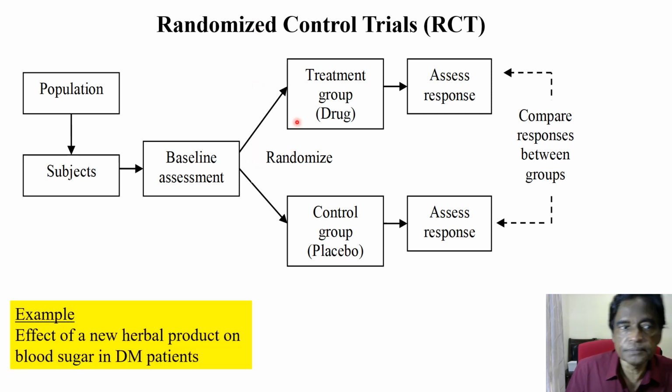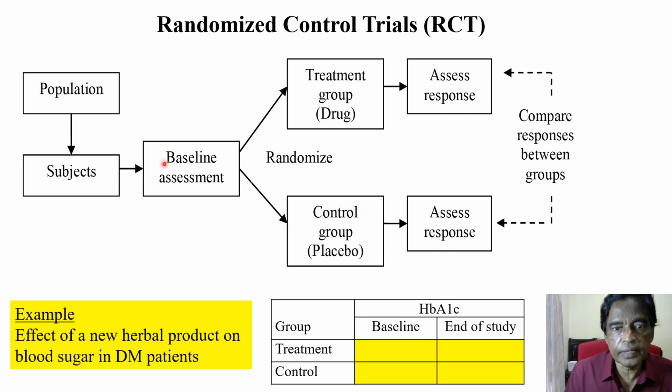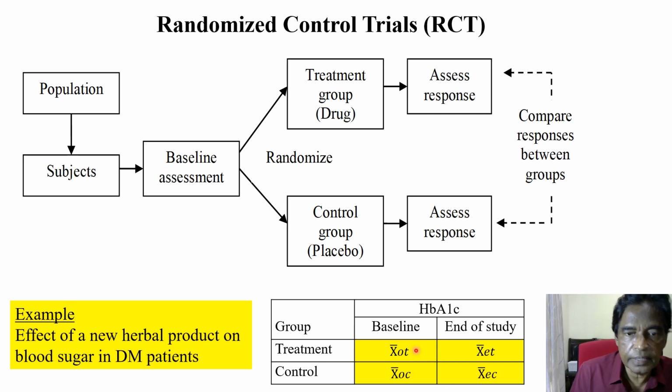That's an example: effect of a new herbal product on blood sugar among diabetic patients. The population will be all diabetic patients. We select a number of them and assess the baseline, the mean BP, the mean sugar level at baseline.